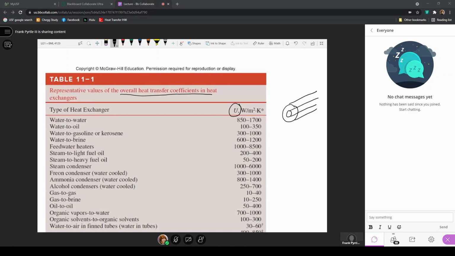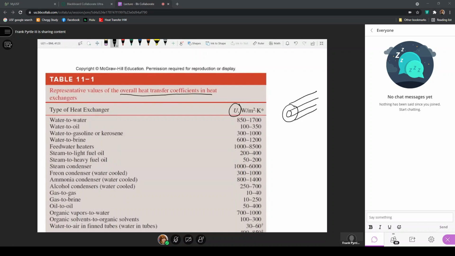If we change the velocity of the fluid, the length of that thermal entry region along the pipe will change. And so if the heat transfer coefficient for one of the fluids is changing, that's going to affect the value of the overall heat transfer coefficient.